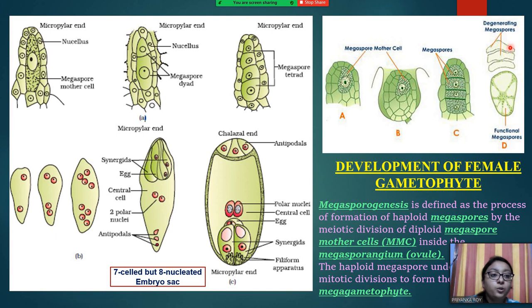The 4 megaspores together are known as a megaspore tetrad. Similar to the microspore tetrad, here also a megaspore tetrad is formed. But the only difference is that 4 microspores were viable and alive, whereas in the case of megaspore, only 1 is surviving and functional, and the other 3 are degenerating.